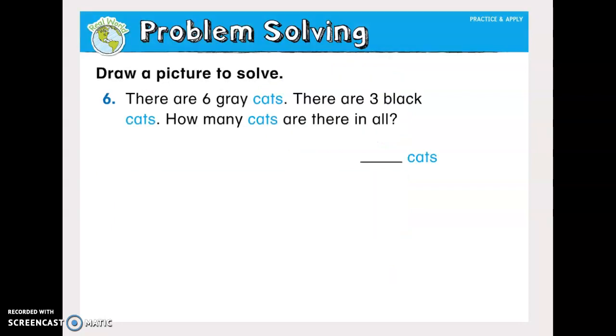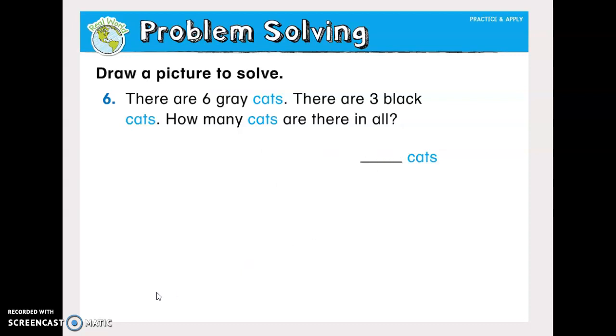Okay, so this means that you have already finished all the problems on page 13 and you're on to the word problems. This says, draw a picture to solve. Okay, there are 6 gray cats. There are 3 black cats. How many cats are there in all? So you're going to draw some pictures of 6 gray cats and 3 black cats, and then count all of them and write your answer right here.